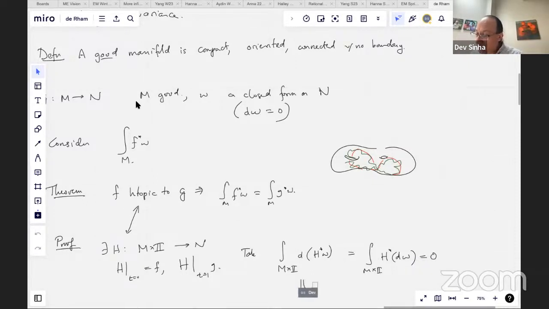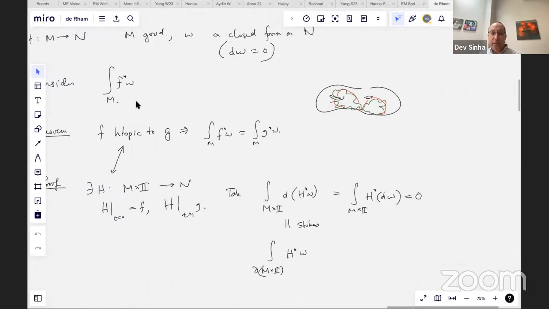And then by Stokes' theorem, this is the same as the integral over the boundary of M cross I of just the pullback of omega. But the boundary of M cross I, M has no boundary, it's good. And so there's only the two endpoints. And so this is the integral over M cross 0 of H restricted to 0, pullback omega. Minus, on the other side, the orientation gets reversed, M cross 1, H restricted to 1, pullback omega.